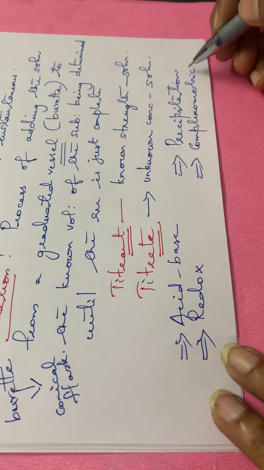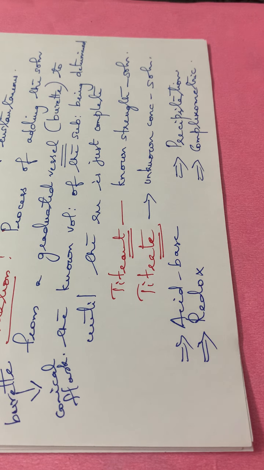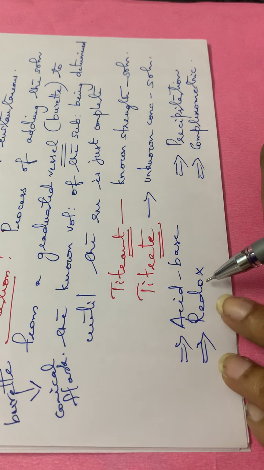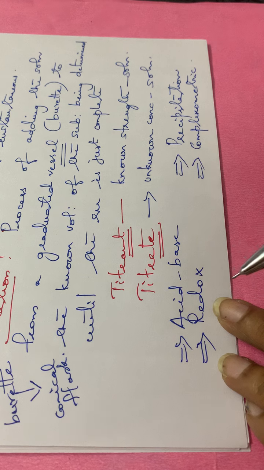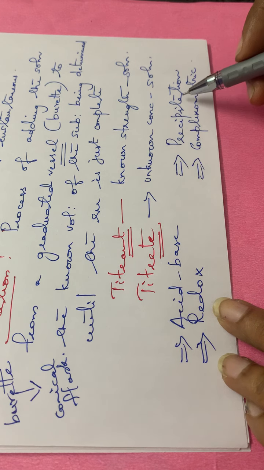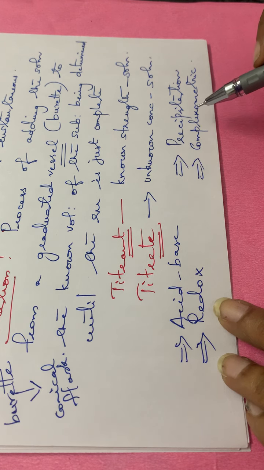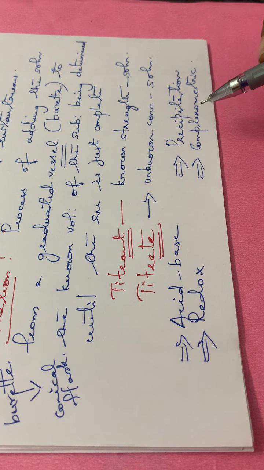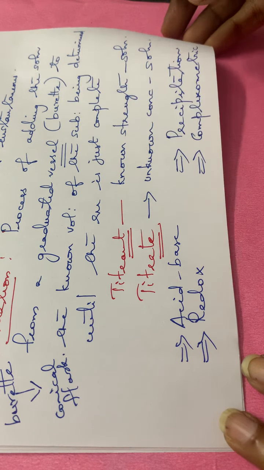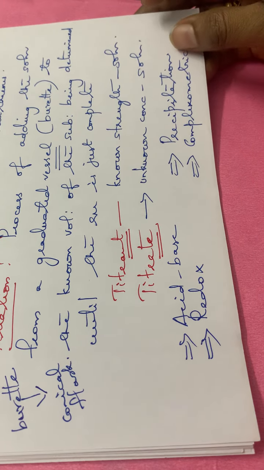These are some of the titrations that we do in our lab. In redox titrations, reduction and oxidation reactions take place simultaneously. So next we have to go through in detail about the theory of acid-base titration. I hope up to this you are clear.